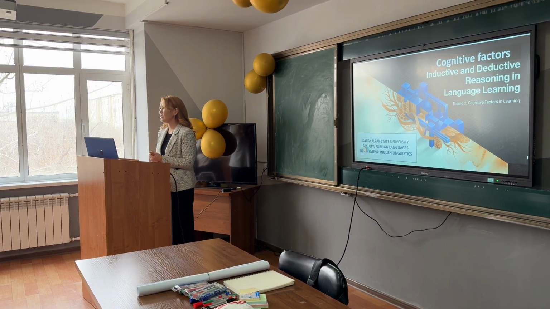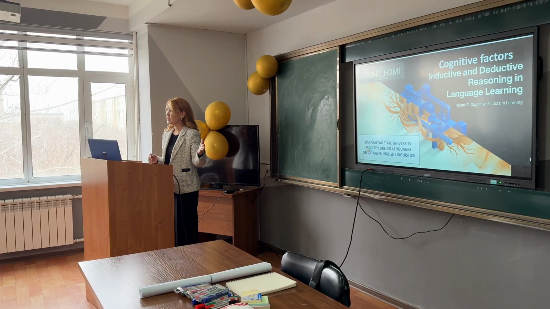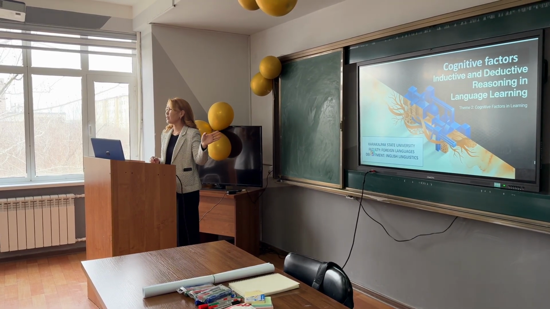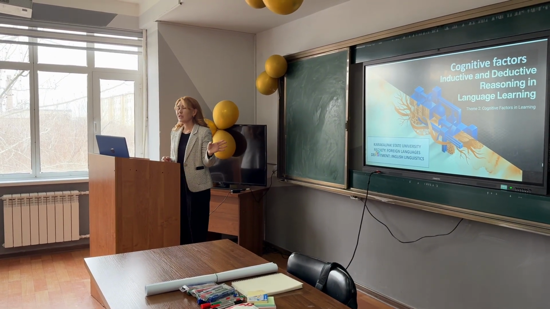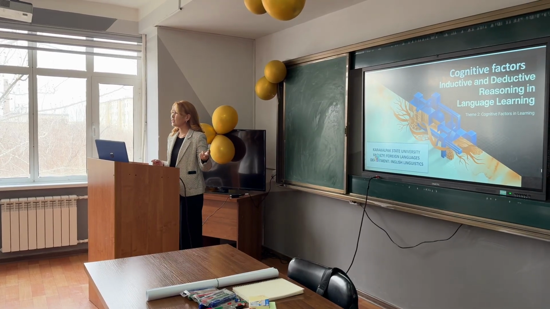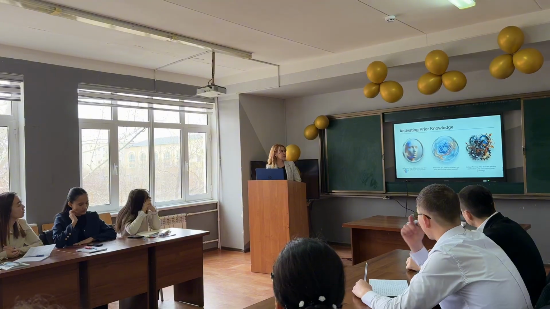So one part is about analytical skills of students. The second part, in brown, is about the critical thinking of students. Is it clear? Today we are going to speak about the role of analytical and critical thinking in language learning.